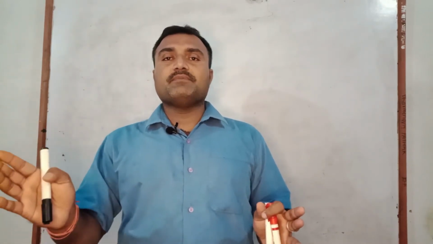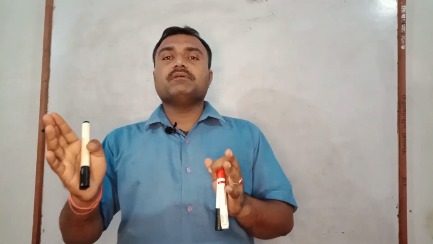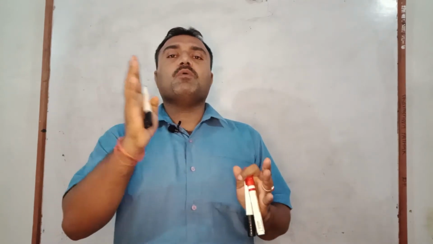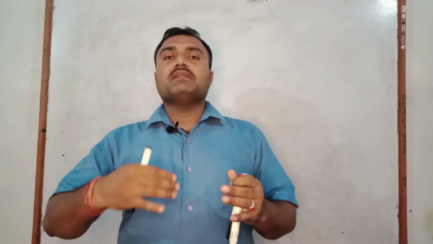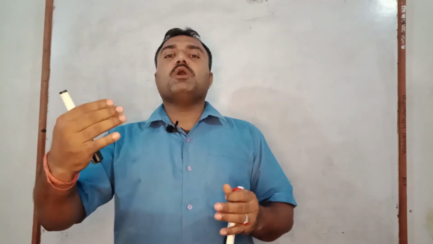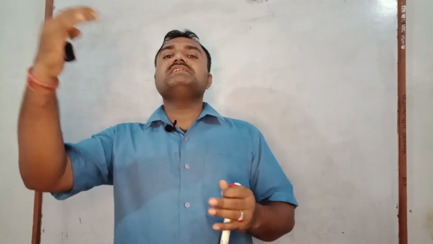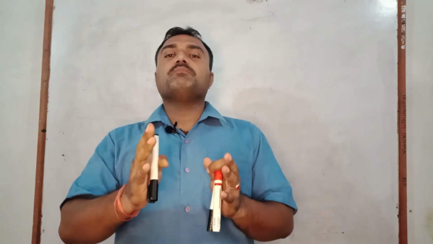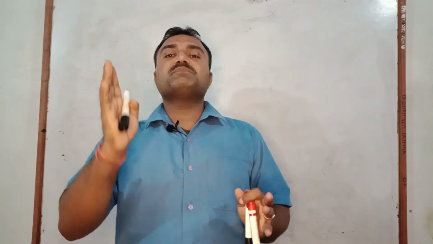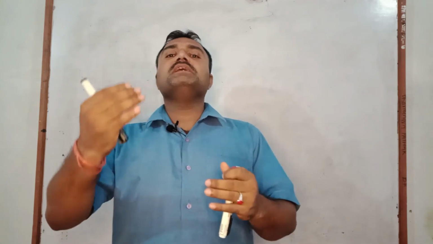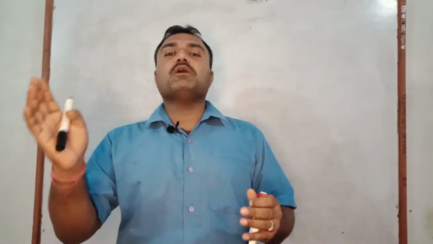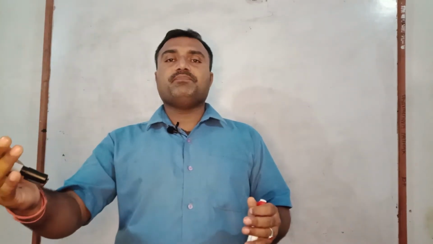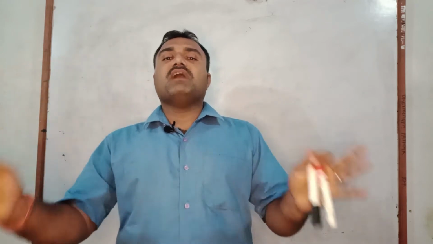We all know that when we give the same amount of heat energy to the same mass of water and oil, the temperature of oil increases faster than that of water, because the specific heat capacity of oil is less than that of water. Therefore, it gets heated faster and cools faster.